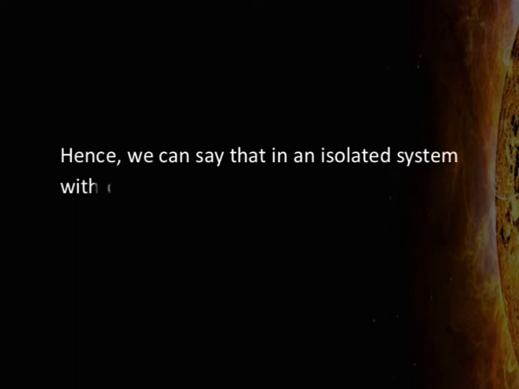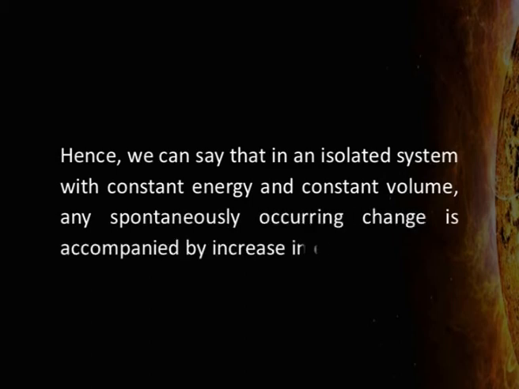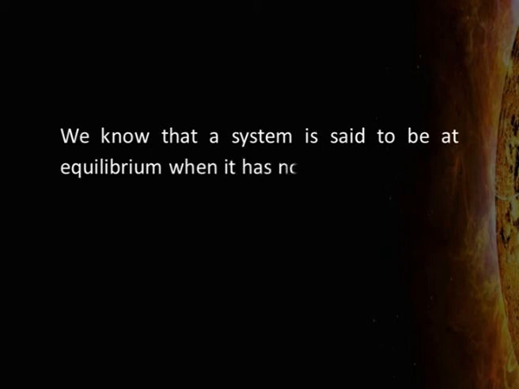Hence, we can say that in an isolated system with constant energy and constant volume, any spontaneously occurring change is accompanied by increase in entropy. Now we know that a system is said to be at equilibrium when it has no further tendency to change its properties.